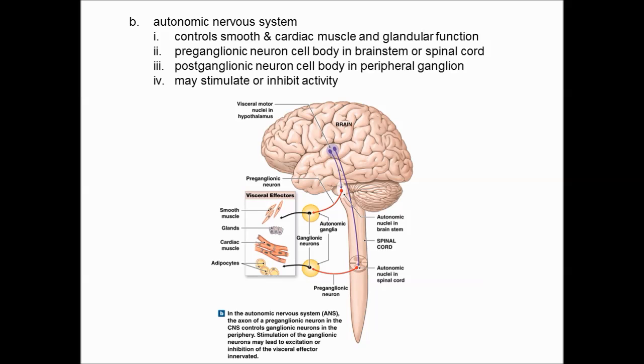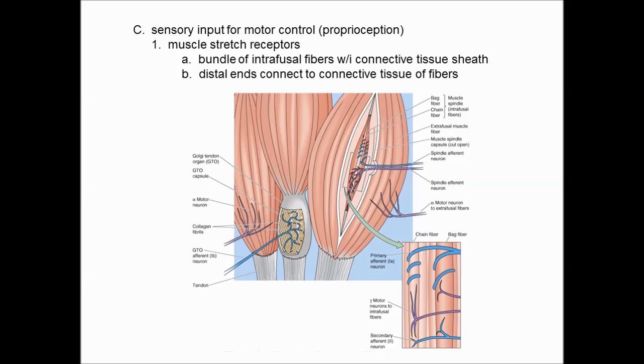Okay, so starting officially today, we're talking about the specific receptors in muscles. A very interesting and fairly complex receptor is buried in most large skeletal muscles of our body. They're called muscle stretch receptors, essentially a bundle of specialized muscle cells called intrafusal fibers.